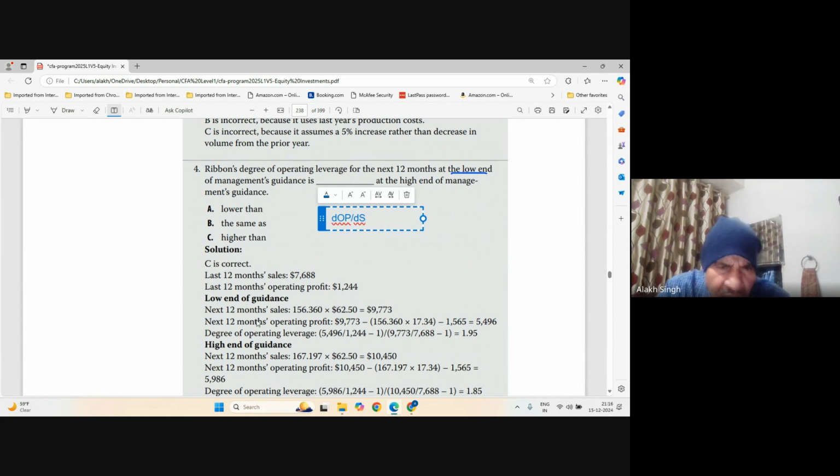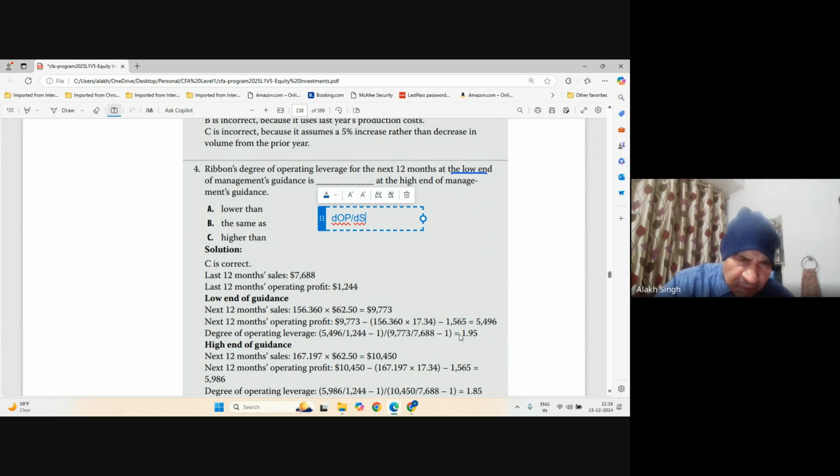Then low end. Oh, okay. It is coming now. In the low end, here will be the next 12 months sales. So the change in sales will be 9773 minus 7688, and next 12 months operating profit will be 5496. So degree of operating leverage is 5496 divided by 1244 minus 1, divided by 9773 divided by 7688 minus 1. It comes to 1.95.